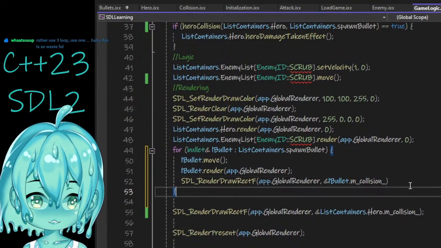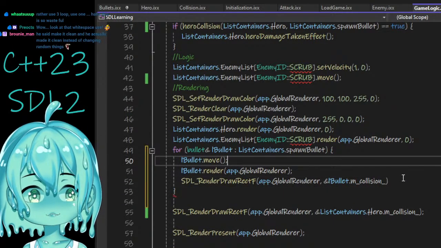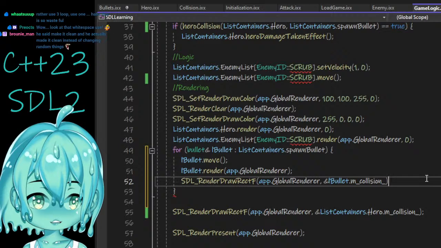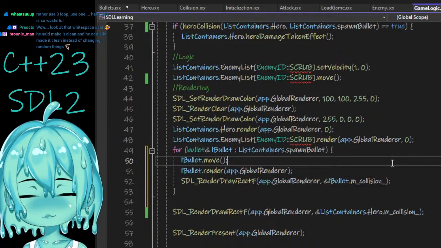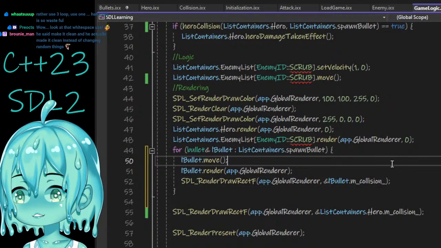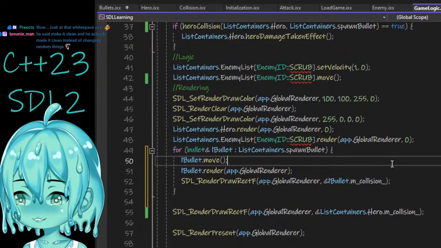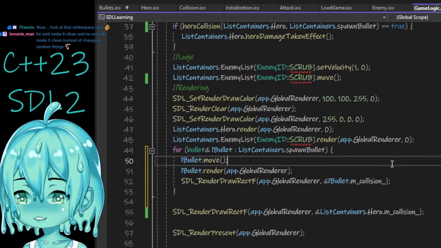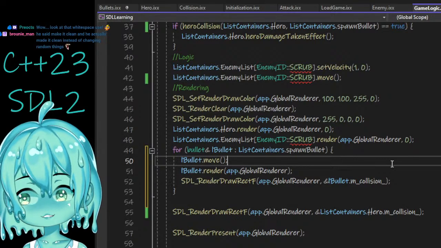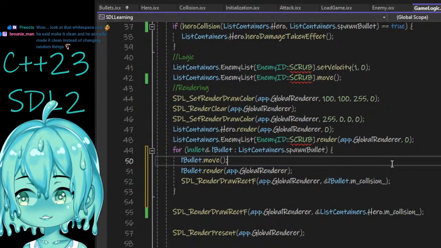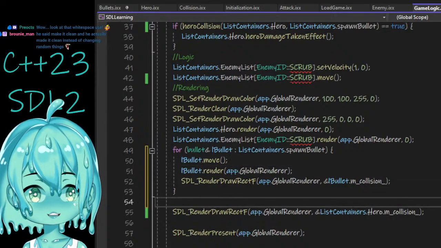Is it doing something for you? Is there an issue? Oh, semicolon. Wow, look at that white space use. Yes. Yes, and based. He said it makes it clean, and he actually made it clean instead of changing random things. I'm learning, I'm learning. Okay, okay, okay.